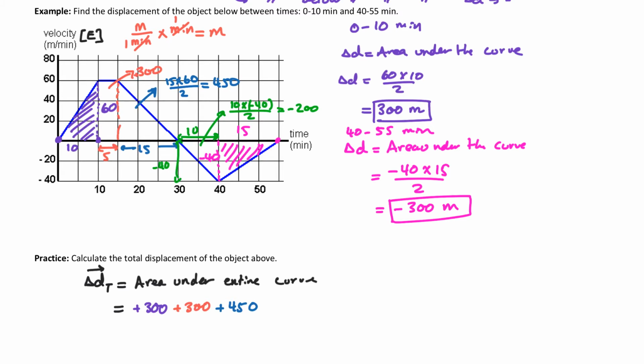I had negative 200 for my green. I'm doing this in color. You don't have to do it in color, but it just makes it a little bit easier for you folks to see what's happening. And once I add everything together, I will get 550 meters.